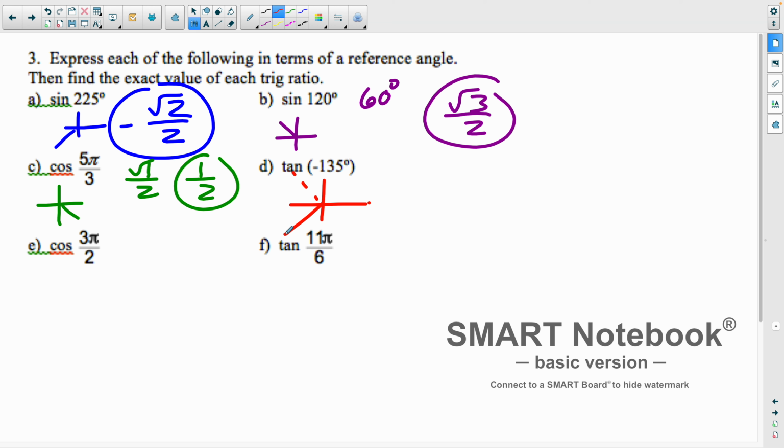Put my 45 finger down. When I do tangent, I gotta use sine over cosine, so I gotta use both sets of fingers. Which is 1. Positive 1 or negative 1? Positive 1. You look at the slope, it's positive, or you can think x and y are both negative, so negative over negative is positive. Okay?